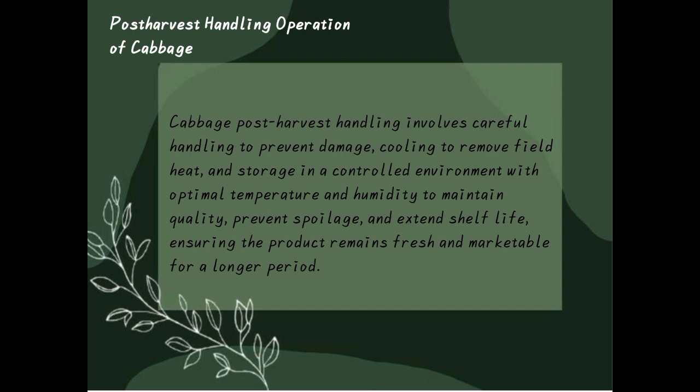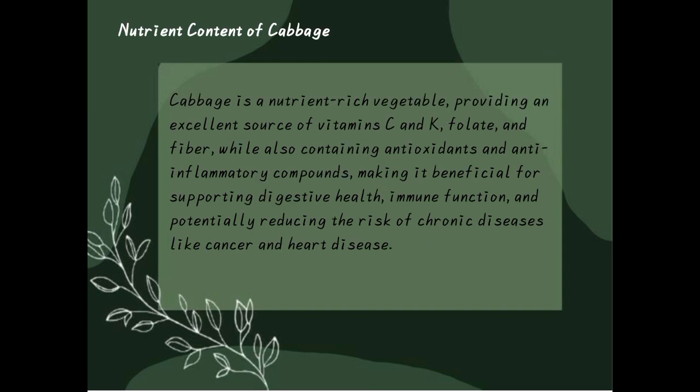Cabbage post-harvest handling involves careful handling to prevent damage, cooling to remove field heat, and storage in a controlled environment with optimal temperature and humidity to maintain quality, prevent spoilage, and extend shelf life, ensuring the product remains fresh and marketable for a long period.